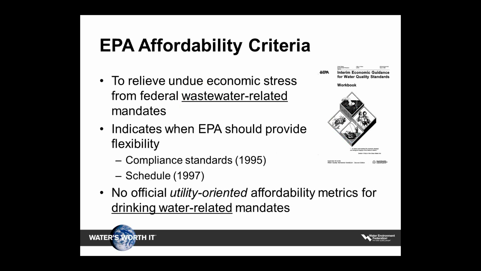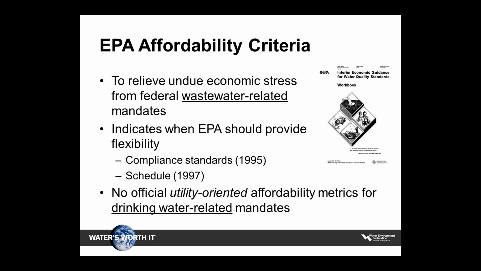The EPA, as most of you are aware, has offered some guidance and criteria on affordability through the years. They started in '95 with their first guidance related to this, where they discussed the possibility of changing compliance standards, and then in '97, the guidance that's frequently cited talked about relief via the schedule.